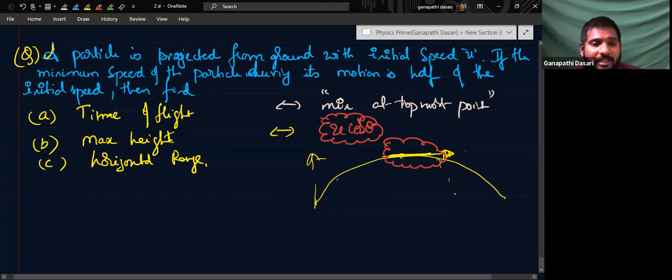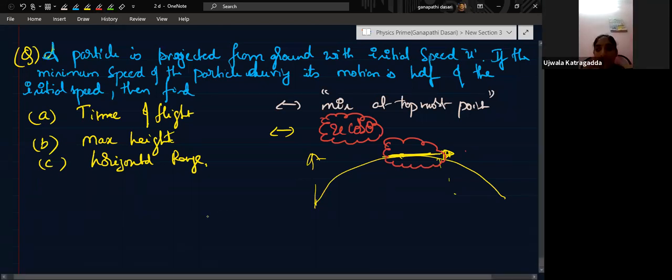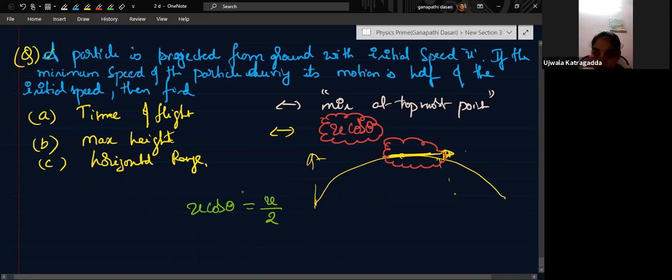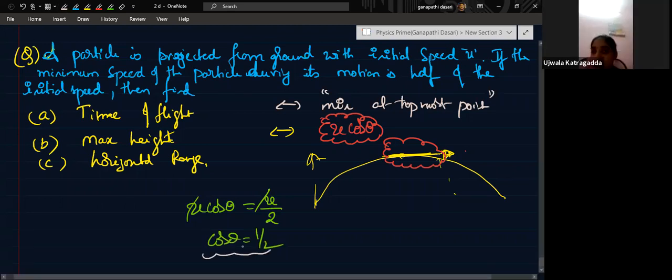This u cos theta is the minimum speed, and it should be equal to u by 2, from the given question. So u cos theta is equal to u by 2. u cancels, then cos theta is equal to half.